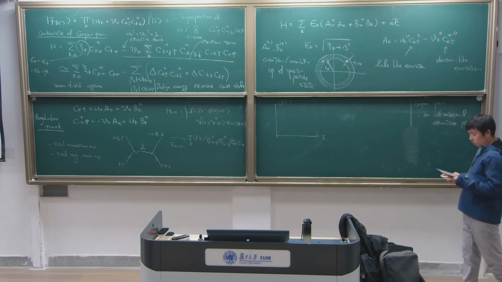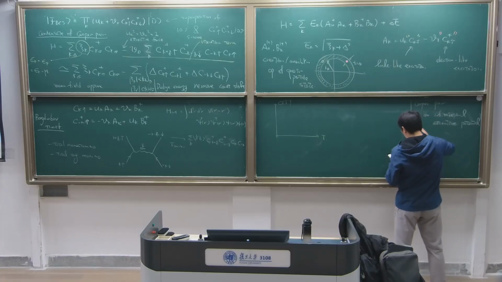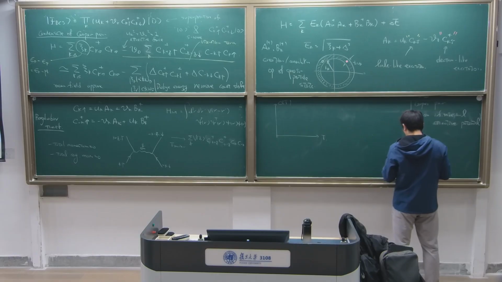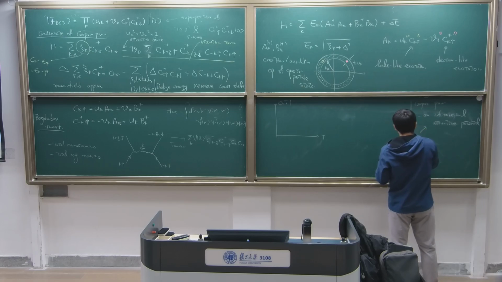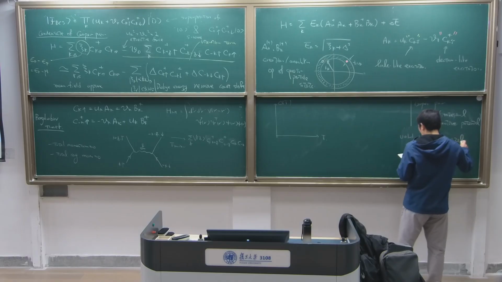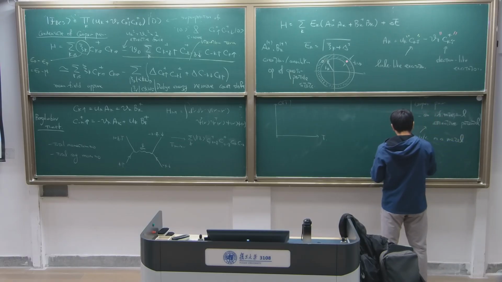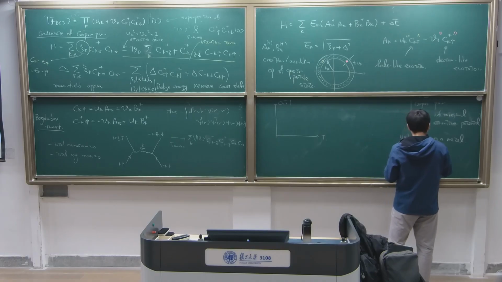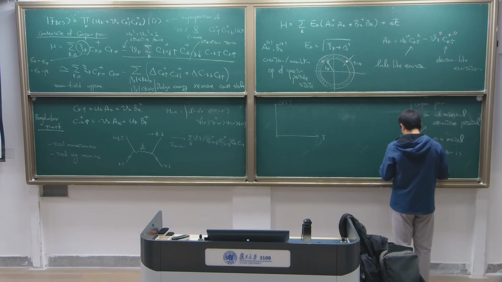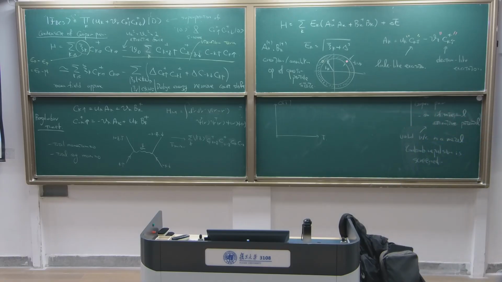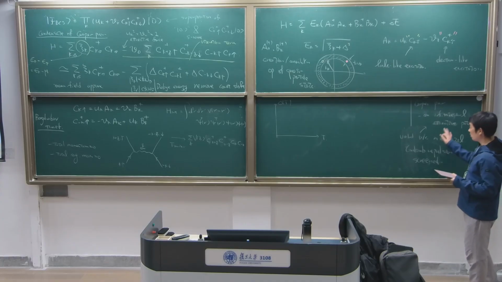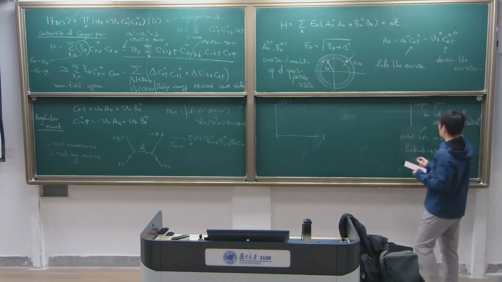So that's why this assumption is valid: in the metal, the Coulomb repulsion is screened, so we can ignore the Coulomb repulsion. So that was number one.